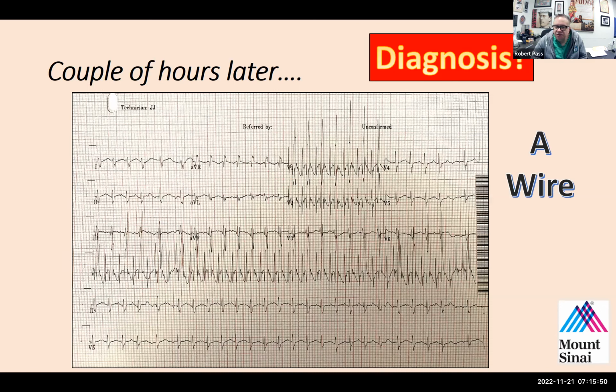We have no tracings, unfortunately, of that rhythm. What would you think might have been going on? Could have been an atrial flutter too, I guess. Exactly. It could have been an atrial flutter. So maybe it's not completely shocking that we're in atrial flutter a couple of hours later.